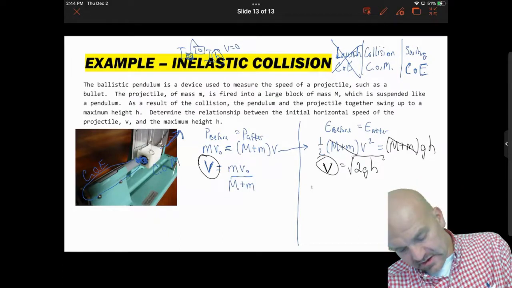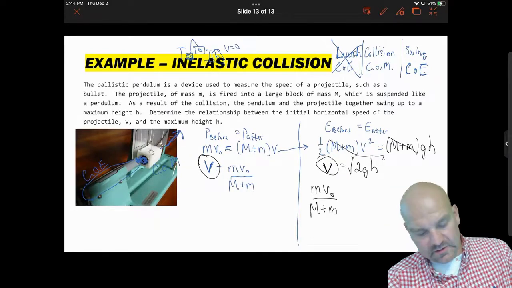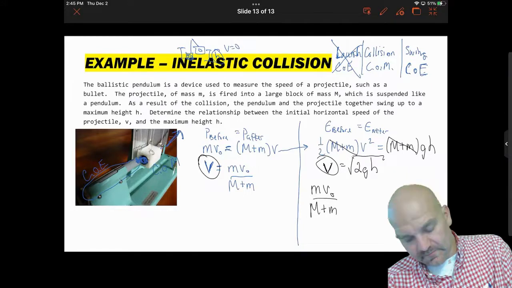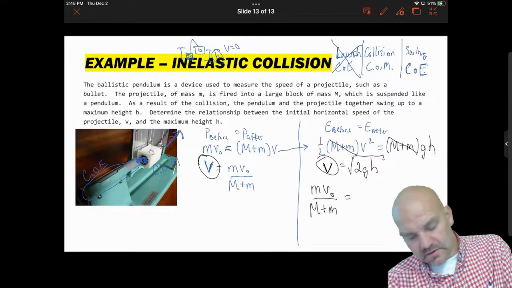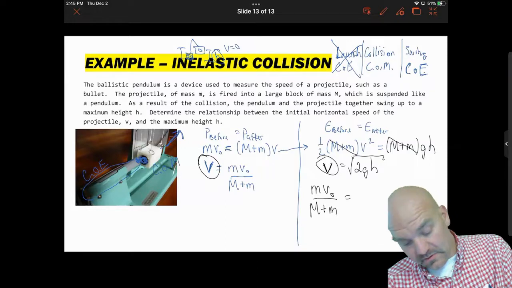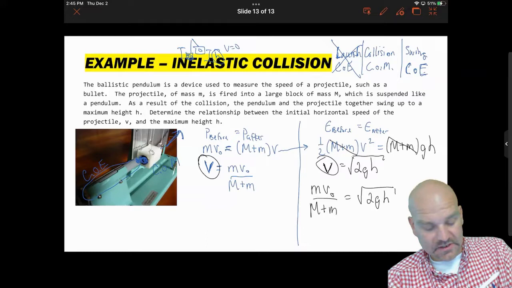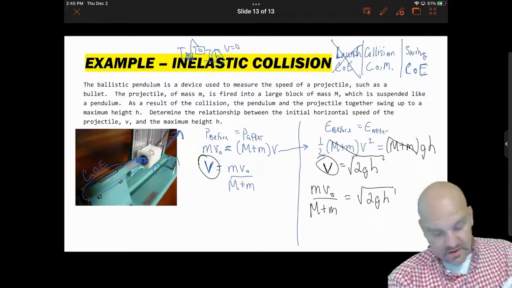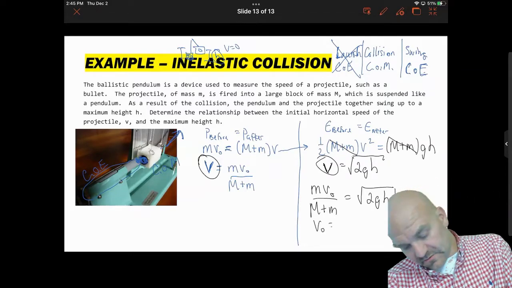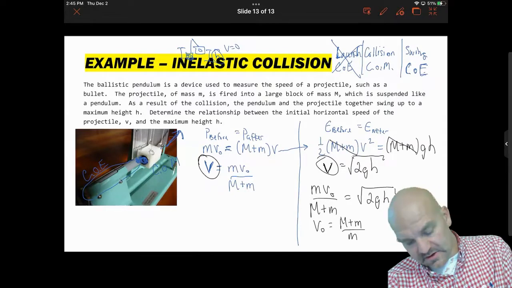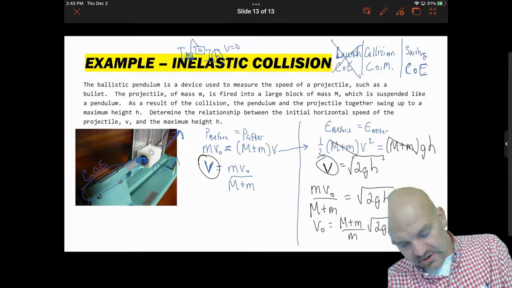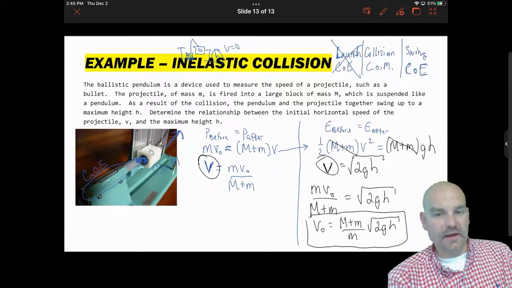So I'm going to say little m times V0, divided by big M plus small m, equals the square root of 2gh. With a little bit of manipulation of my equation, I get my initial velocity is equal to my total mass over the mass of the projectile times the square root of 2gh. So there's the relationship between my initial velocity and my height.